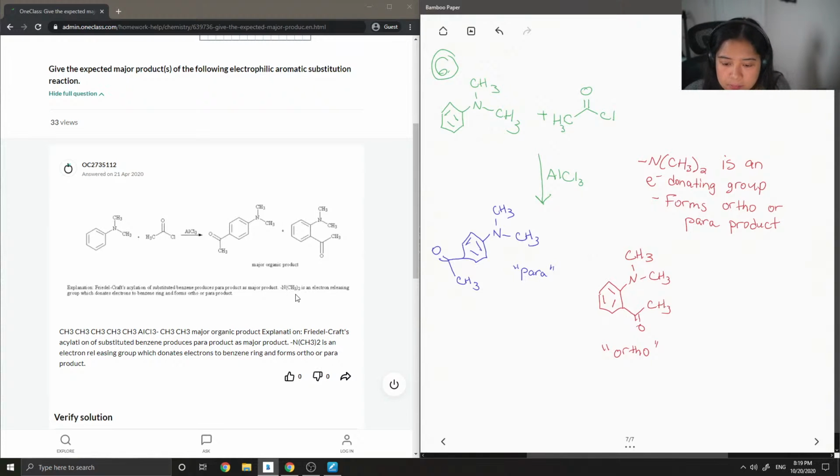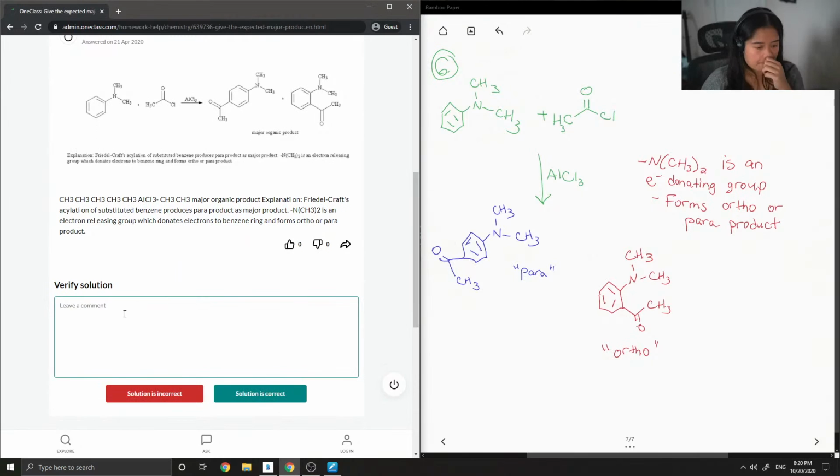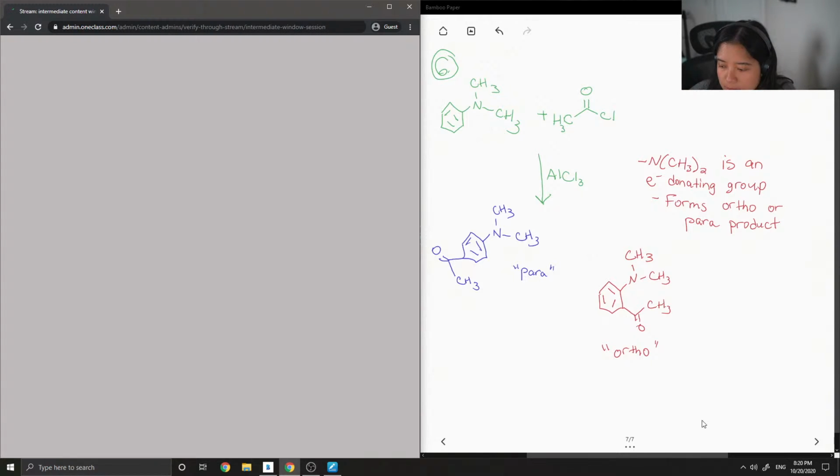And then this nitrogen with 2 methyl groups is an electron releasing group which donates electrons to the benzene ring and forms ortho or para product. Okay, so this answer is correct. And then we can move on to question number 7.